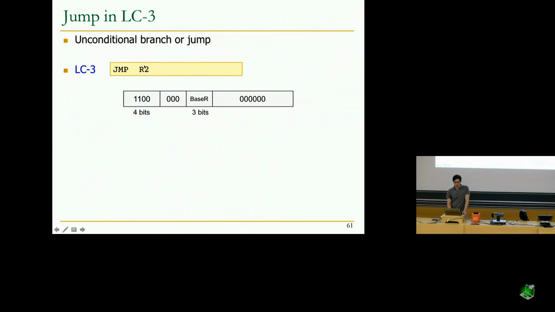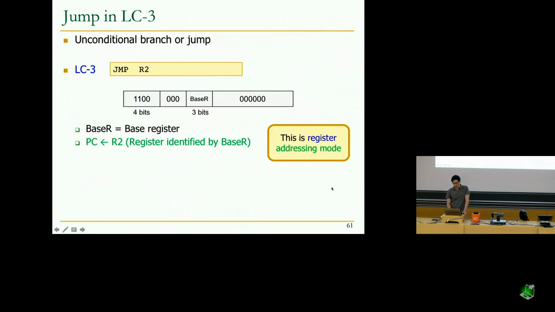This base register, in this example, is register 2, and contains the address where we want to jump, for example, the address where the function starts. So this is our base register. This is the semantics. What we do here is that we store the contents of R2, which will be a memory address, into the program counter. This is called the register addressing mode, because the way we are accessing the operand here is by simply accessing a register, which is the base register, R2 in the example.